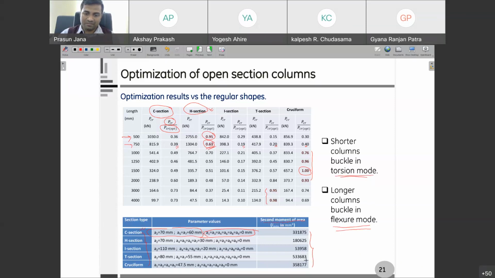I minimum is maximum for this T section, so you have higher buckling strength for T section when you have a longer column. But for a shorter column, H section will be better, because torsion buckling is a little complicated. So you have so many parameters to judge which one will be better.